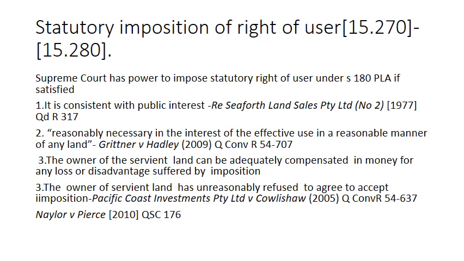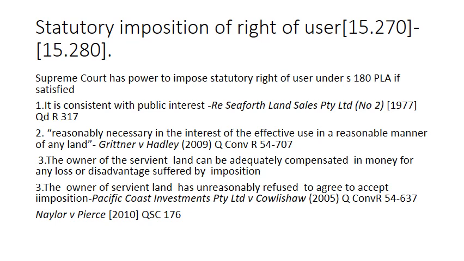For instance, in Gritner and Hadley, on the slide, the applicant sought to ask the court to impose a statutory easement for the purposes of utilising an adjoining servient tenement to enable vehicles to ingress and egress a proposed development of a warehouse for the purpose of parking and storage of vehicles.